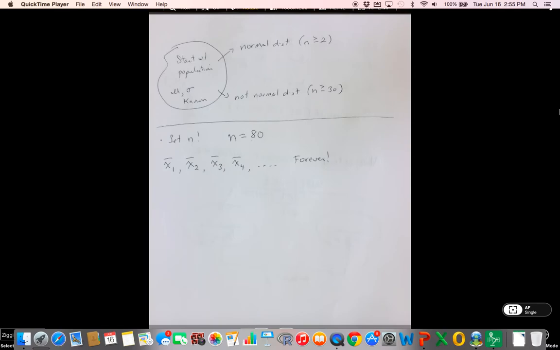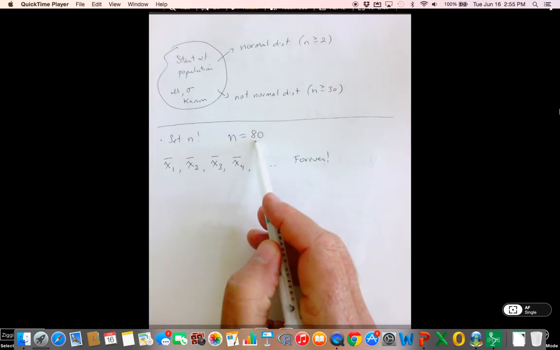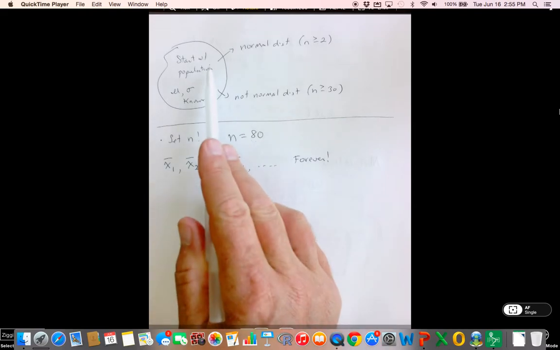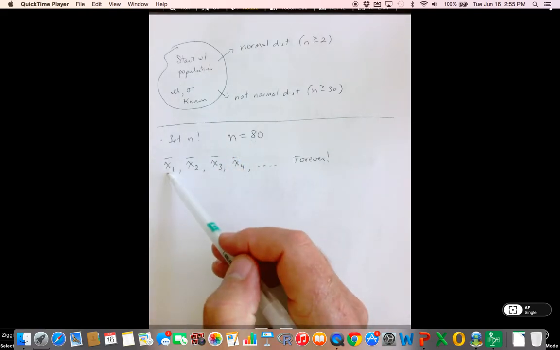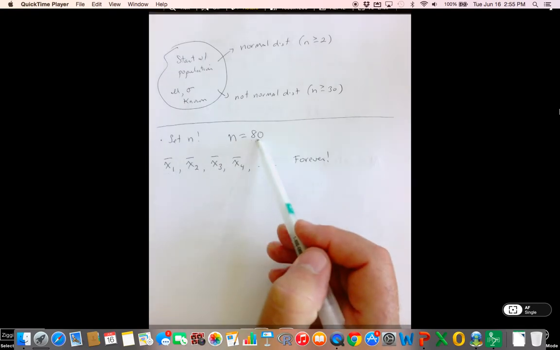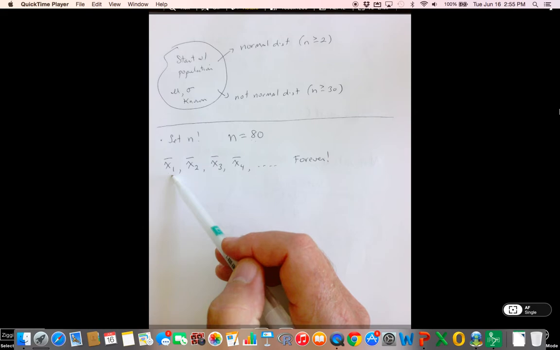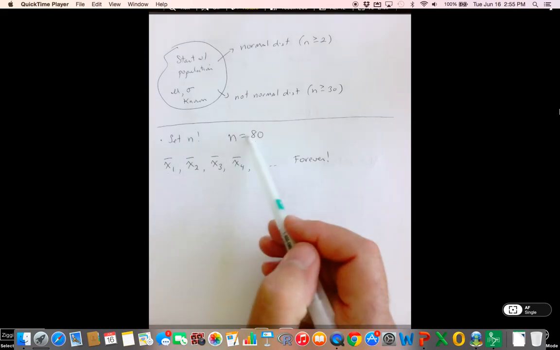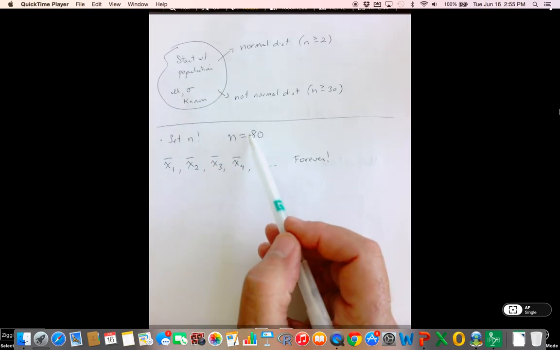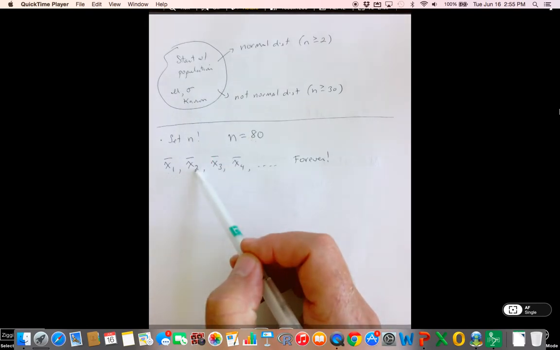So imagine you start out with the population, you set your sample size, you go into your population and pull out in this case 80 measurements. You add them all up, divide by 80, and you get your first sample mean. That's what that 1 stands for there, just the first one. You go in, get 80 more observations, measurements from your population, selected randomly.